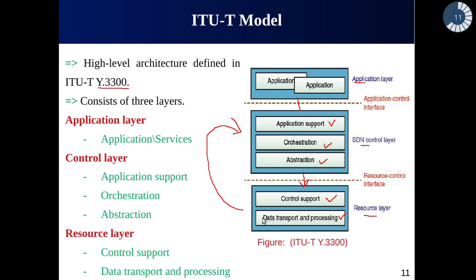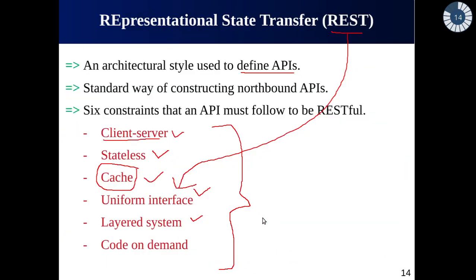And finally, we have the last constraint for developing APIs for the northbound, and that is code on demand. Actually, REST allows client functionality to be extended by downloading and executing code in the form of applets or scripts.